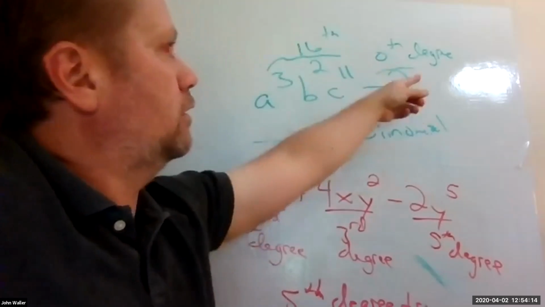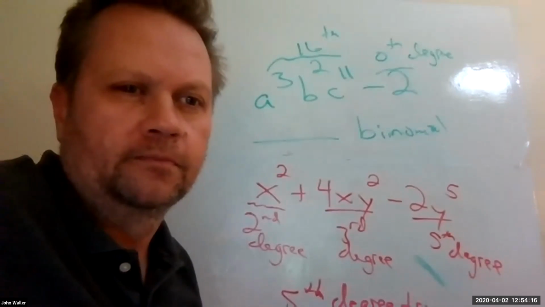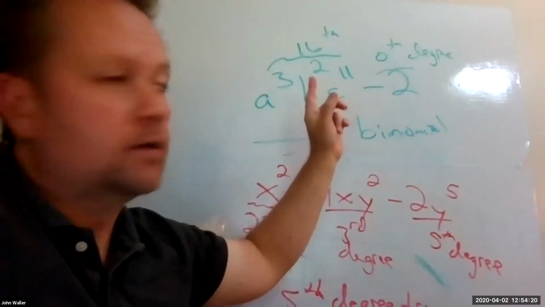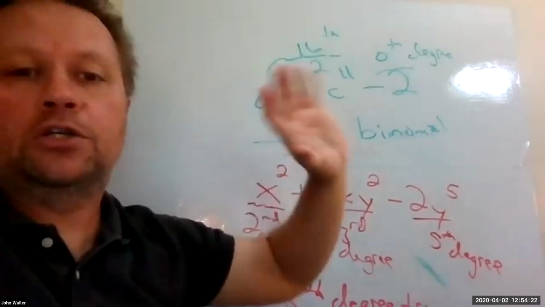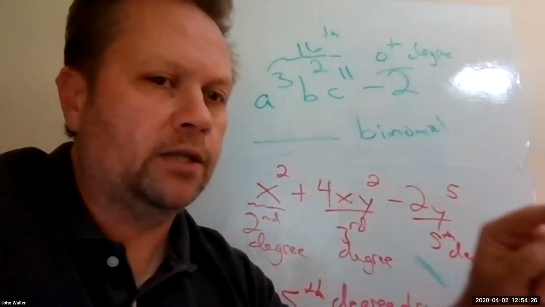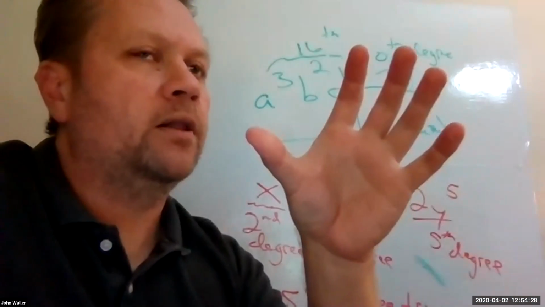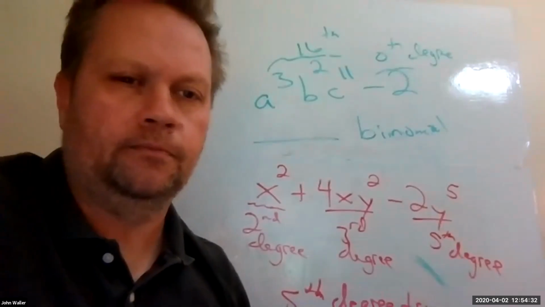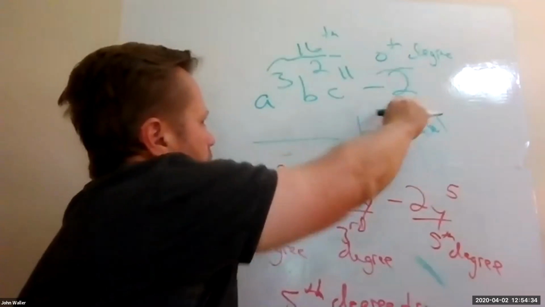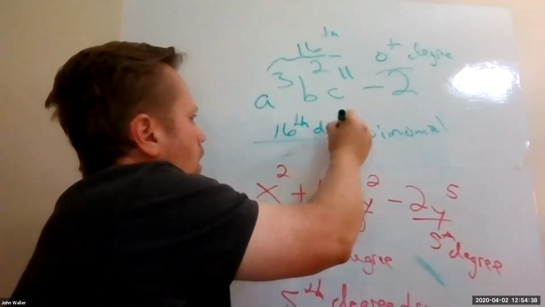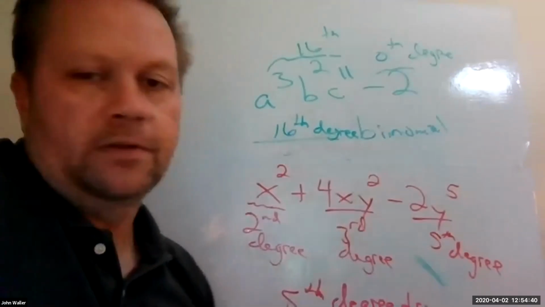So what's the degree of the whole polynomial? The whole binomial in this case? 16th. 16. It's the highest degree I see. So the degree of a term is the total number of letters in that term. The degree of a polynomial is the highest degree that I see. So this is a binomial. Specifically, it is a 16th degree black belt binomial.